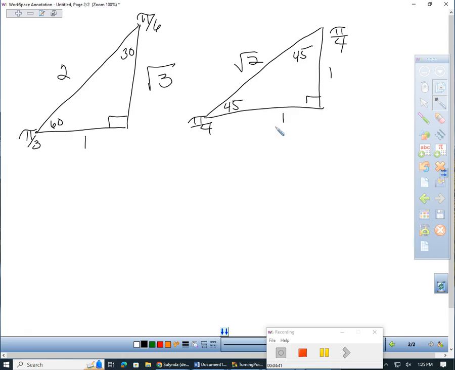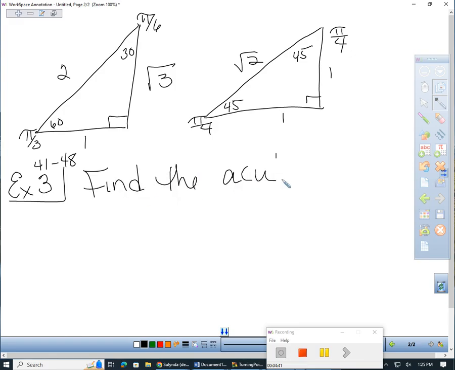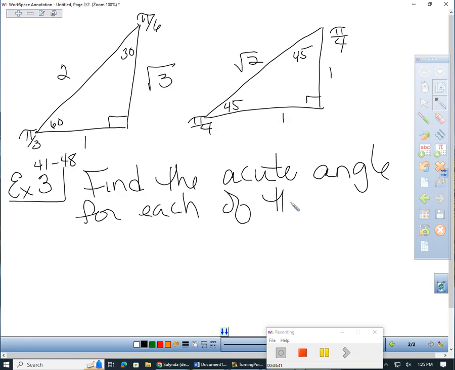Okay, so in the next section, example number 3, we're going down to 41 through 48. And it says, find the acute angle for each of the functions.